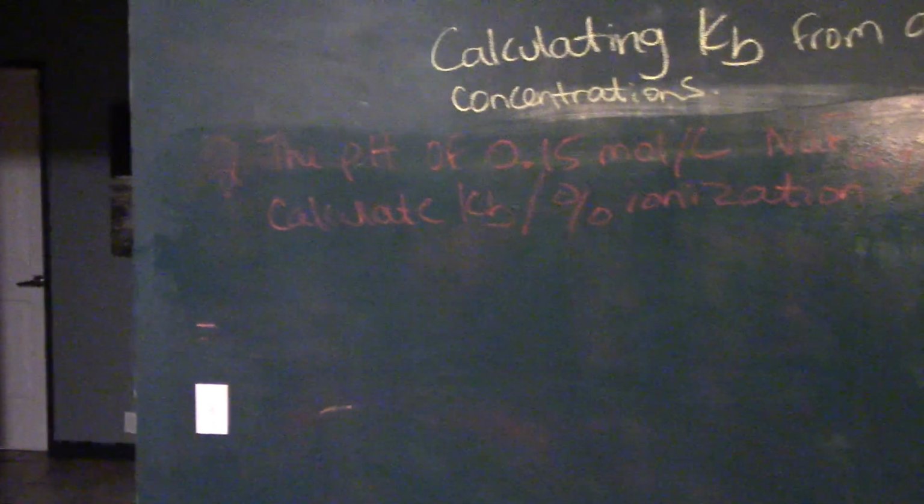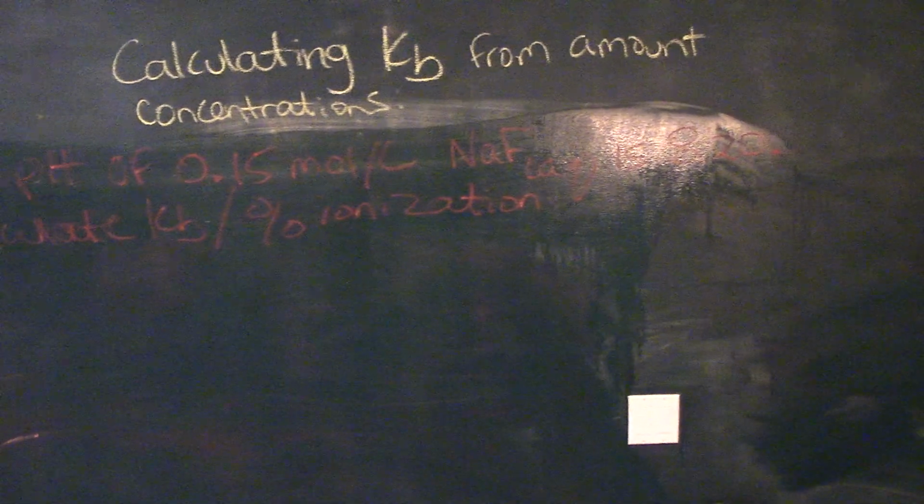Calculate Kb and percent ionization. Okay, so the pH is 8.2.